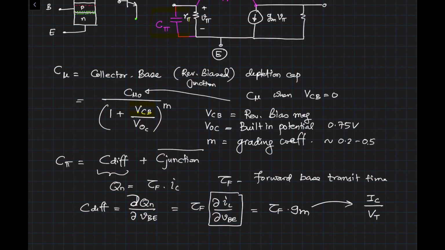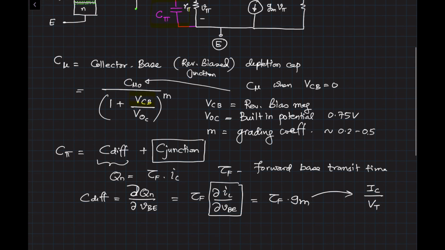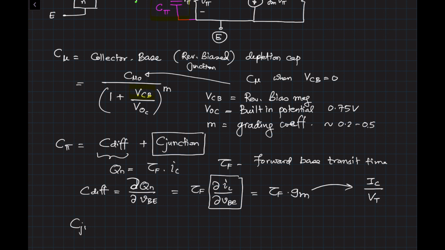The junction capacitance right here is similar to the C mu junction capacitance. This junction capacitance is between the base and emitter junction, and is given by C junction. In this case, as compared to collector-base, the base-emitter junction is forward biased, and the value of the junction capacitance is approximately 2 times Cj BE0, which is whatever the junction capacitance is when VBE is equal to 0, doubled.